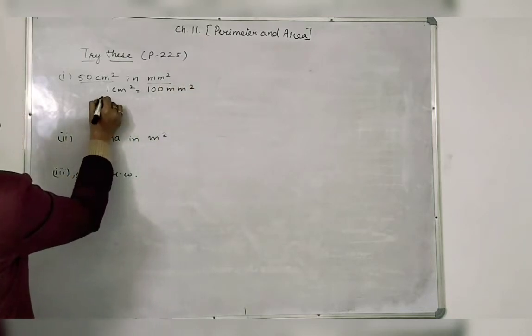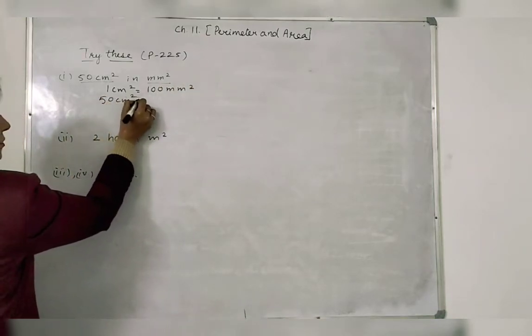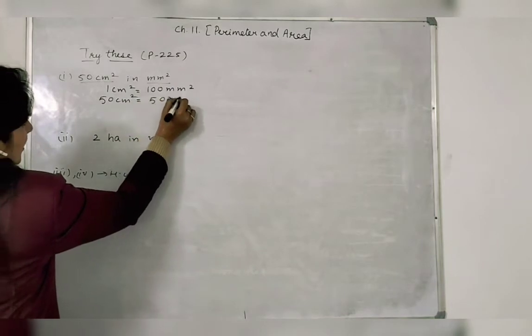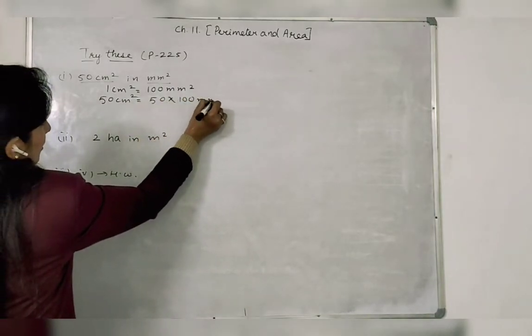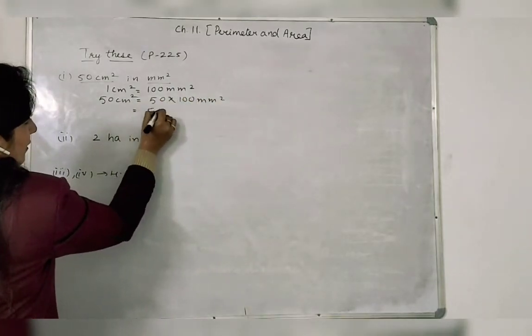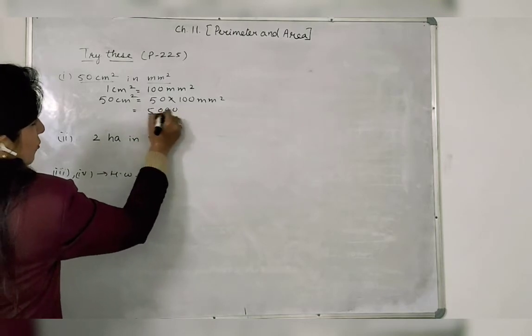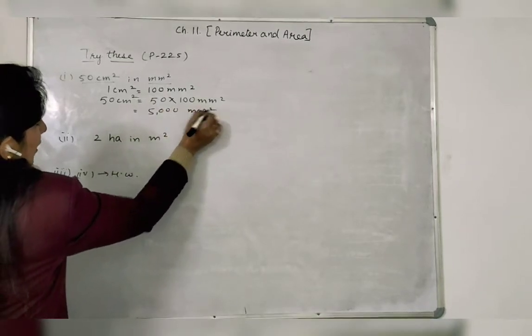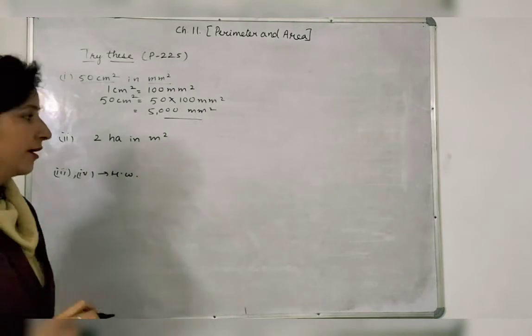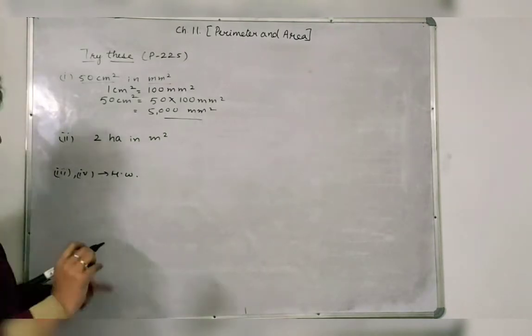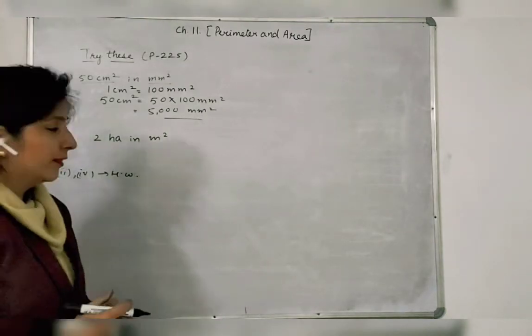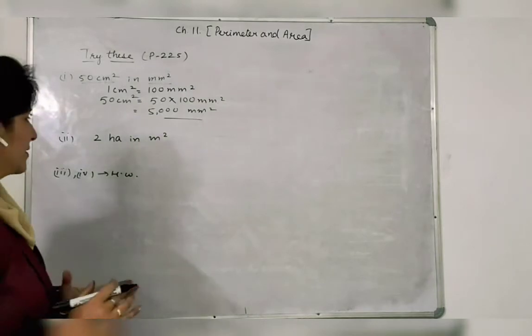Fine. So 50 centimeter squares will be equal to, we have to multiply it by 50. It comes out to be 5000 millimeter square. So in this way you can convert. There are total 4 parts. One more I am telling you. The third and fourth part you have to do as homework.